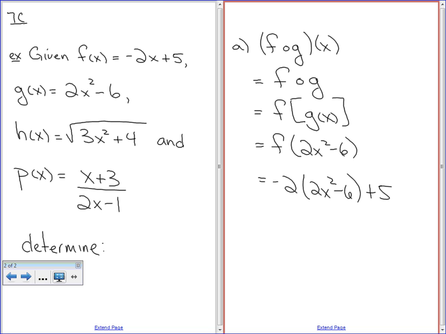Again, I want the answers expressed in standard form, so that means put the exponents from the highest exponent down to the lowest exponent. -2 times -6 is 12, add 5 is 17. Okay, any questions on that?